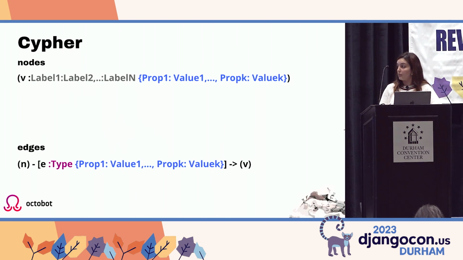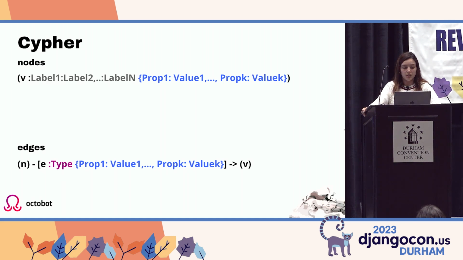So let's talk about Cypher. Cypher is a high-level query language based on pattern matching. It's used to create nodes, update and delete information, and query the graph. So, for example, for nodes, we have the variable between parentheses, and then we have to define the labels to identify them. And optionally, we can add the properties.